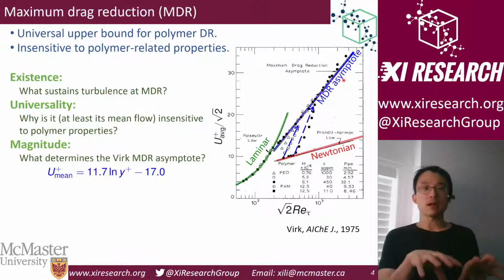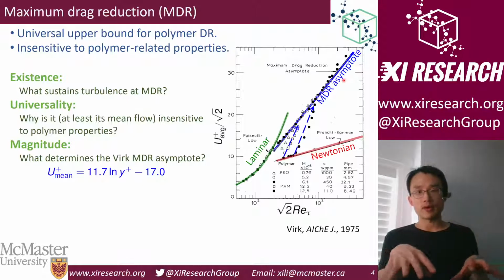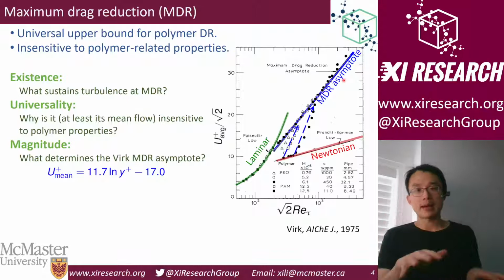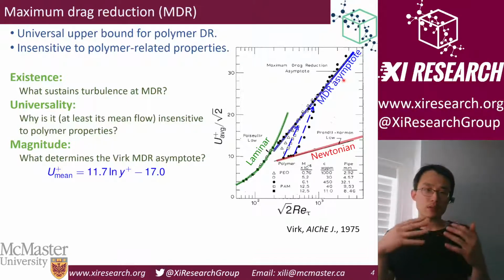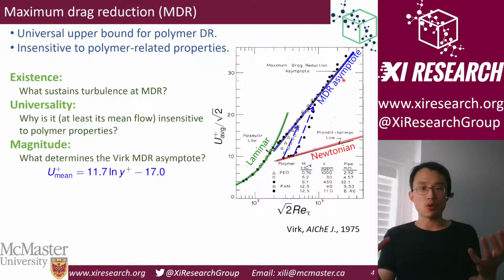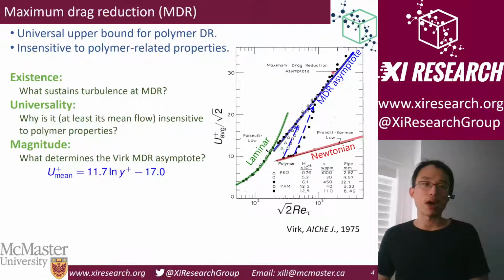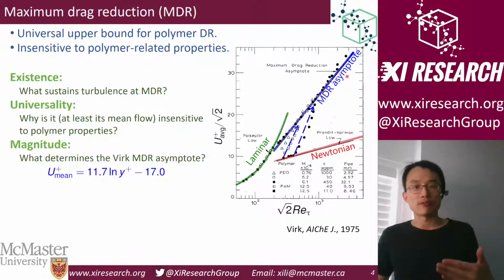So for this MDR state, which should be a state of very strong polymer influence, why do polymer properties not seem to matter? And number three, any theory to be complete has to be quantitative. So the theory has to be able to predict the magnitude of the flow rate at the MDR, which is given by this well-known empirical formula, the Virk profile.